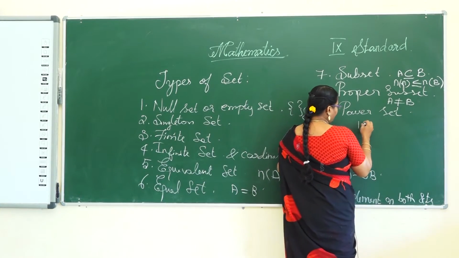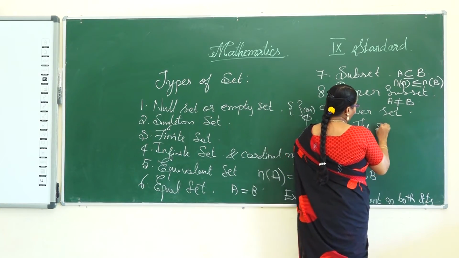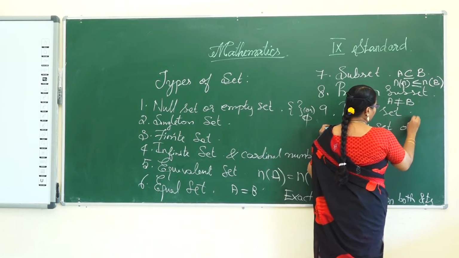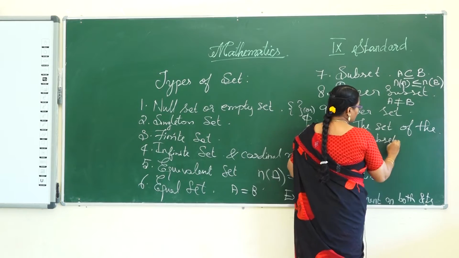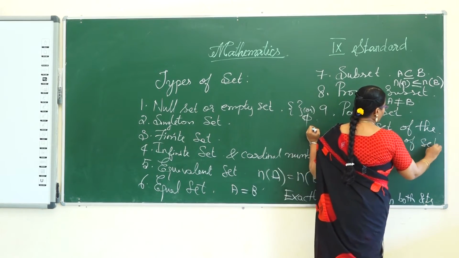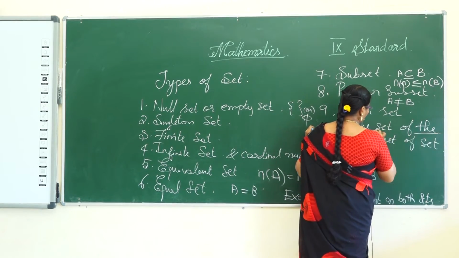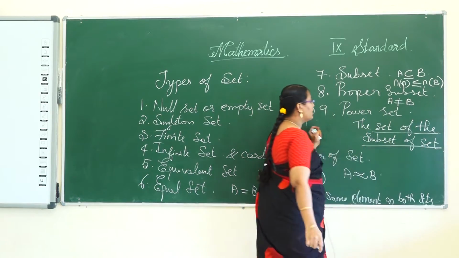And final one is power set. The set of all the subsets of a set is called the power set.